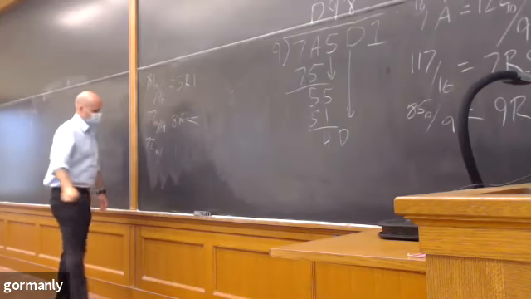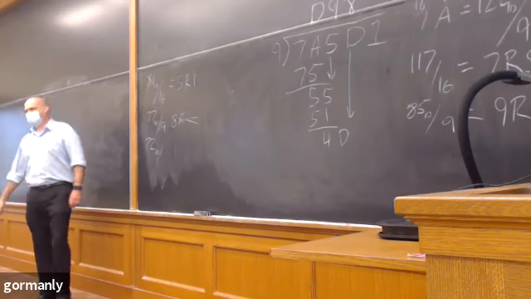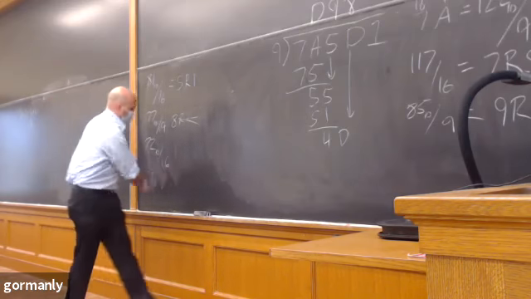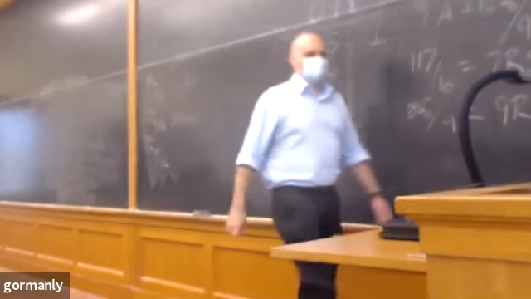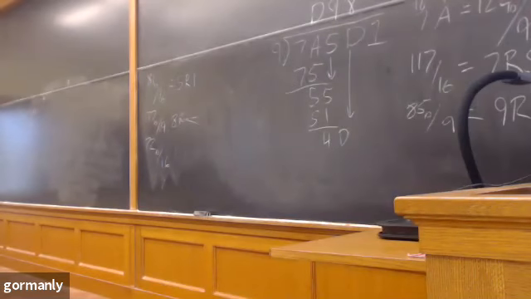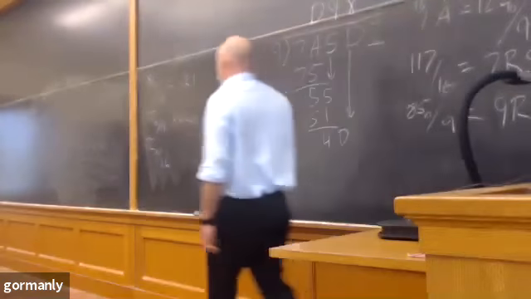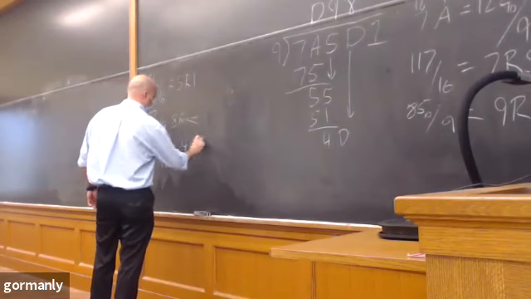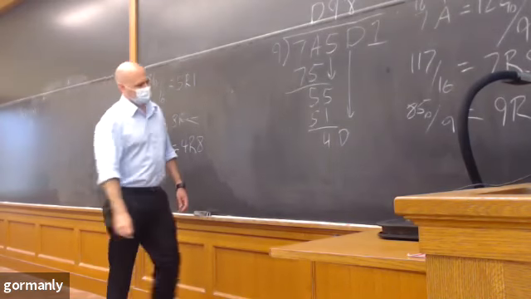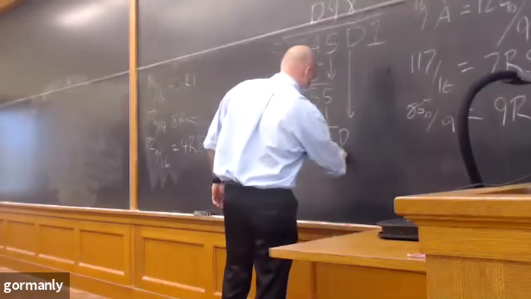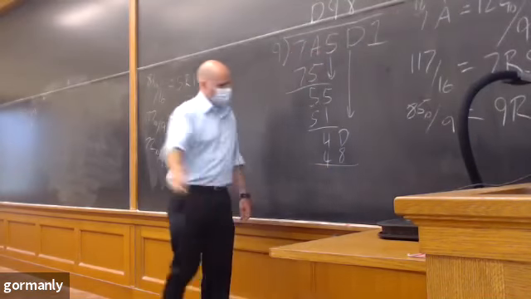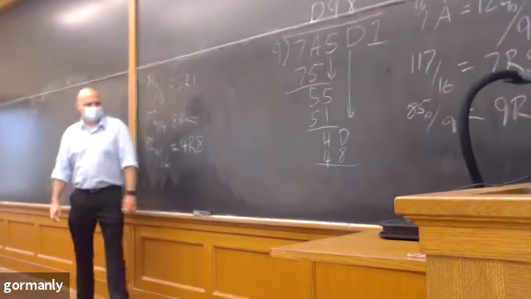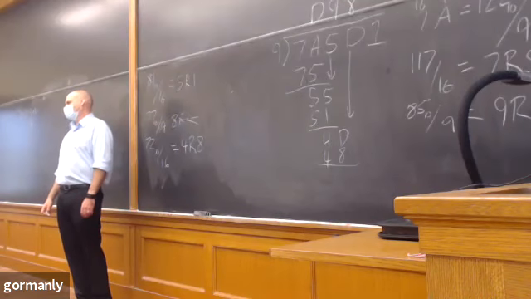Base 10 again. We've got to go back to base 16. 72 divided by 16 is, I forget, I'm going to look at my sheet, 4 with remainder 8. So down here we have a 4 and an 8. So D is 13 minus 8 is 5, so we're going to have a 5 left over.